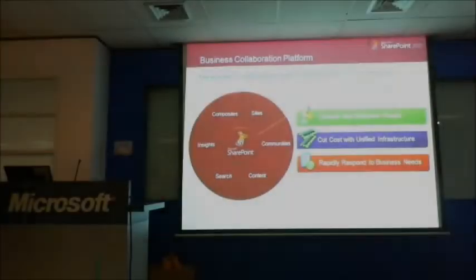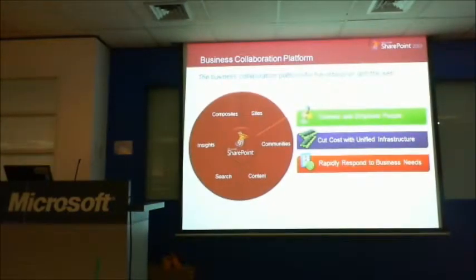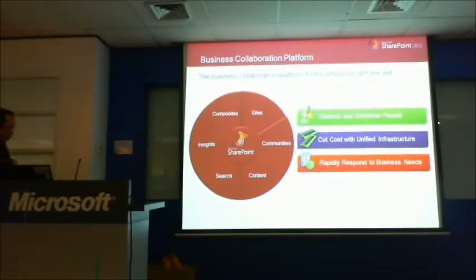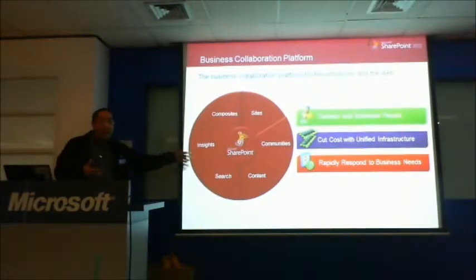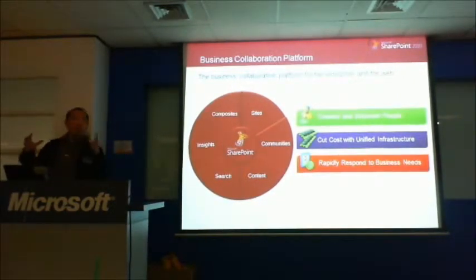In any SharePoint article, usually this illustration is presented. It simply means that SharePoint is not simply a portal. It is not simply a tool to automatically create a site, but SharePoint is designed also to create, for example, a business intelligence site.